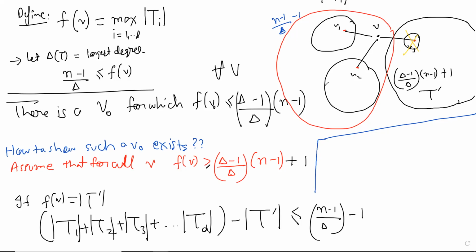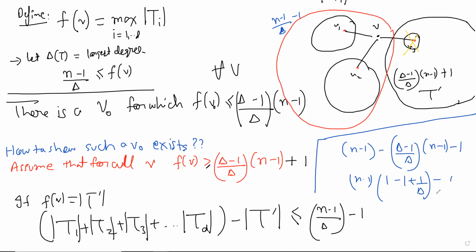Let me just check it once again. So there is this n minus 1, and then there is this, and we are removing this. Just take it common. Just checking because it's this plus minus thing, right? So minus 1 plus 1 by delta. Right. So that's what it comes out to be.